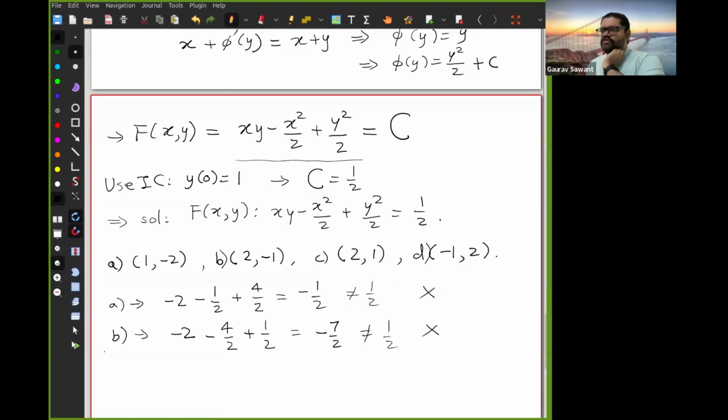So option B will also not work. For option C, I will have 2 minus x square by 2, so minus 4 by 2 plus y square by 2. So this actually turns out to be half, and therefore this is the correct option. And this being an MCQ with only one correct answer, you are done.